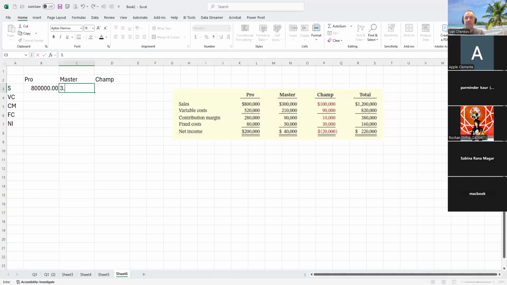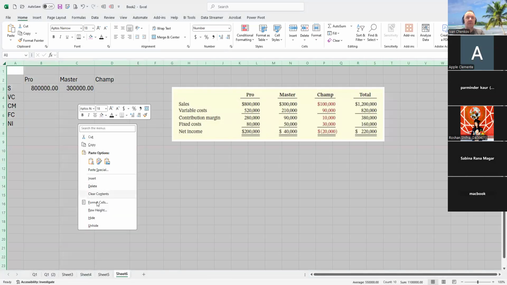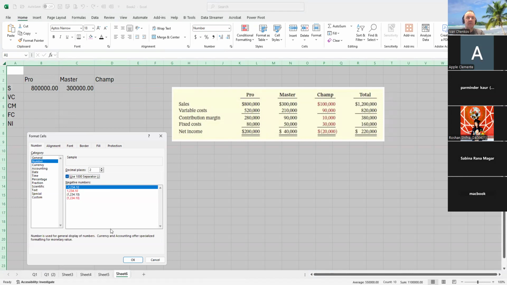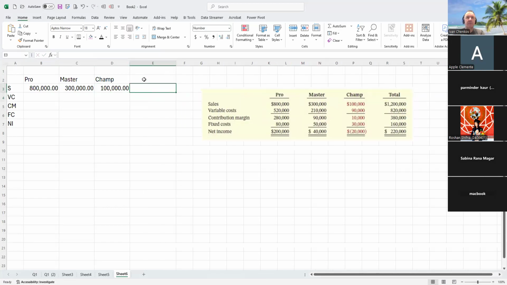On the Champ, I have 300,000. And on the Master, change this, format cells, number, separator. And on the Champ, I have 100,000. In total, and I have my total will be like this.